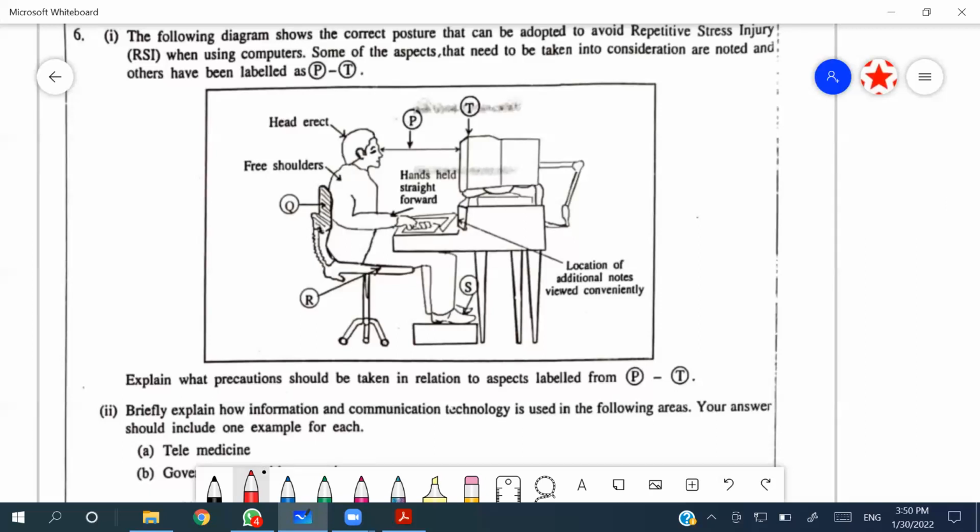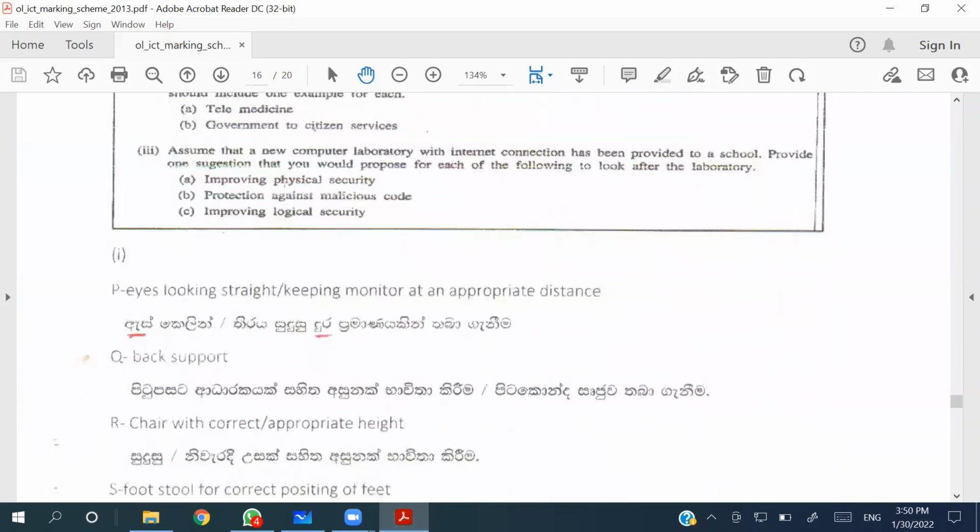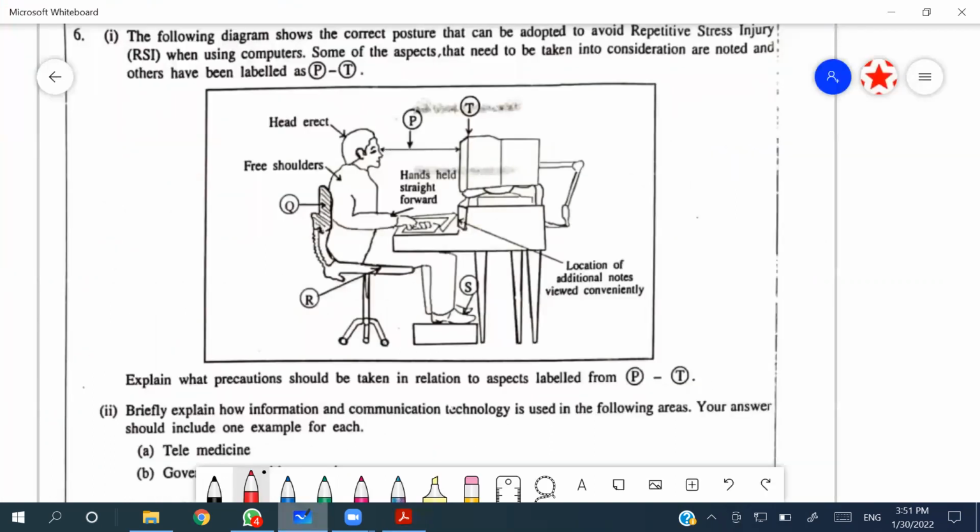P is talking about the distance between the monitor and the eyes, right? It should be greater than 70 centimeters, as I remember. Let's cross-check whether it is 70 centimeters. Oh, they are saying keeping a suitable distance between the eyes and the monitor, right? So Q, it's the correct back support, like having a backrest or using a chair which has a backrest.